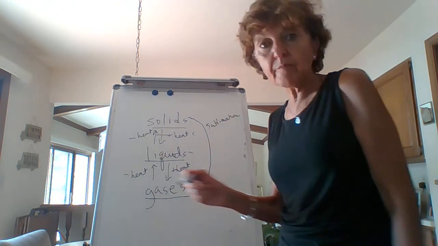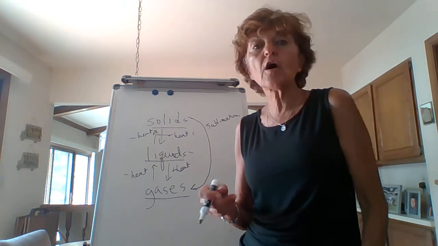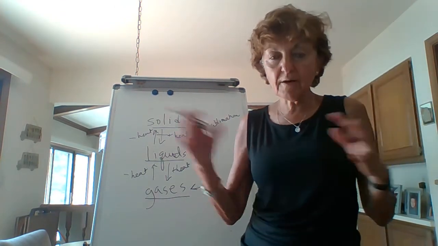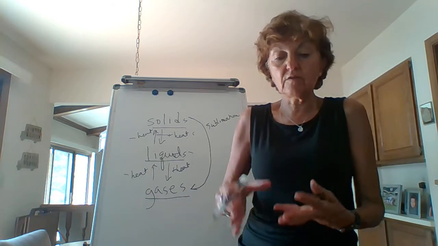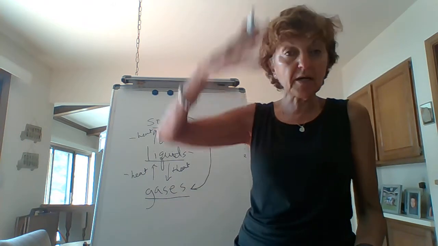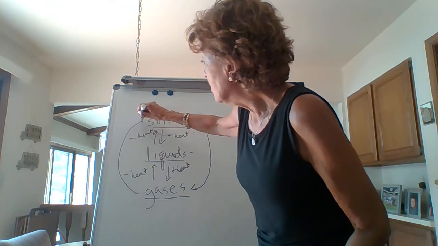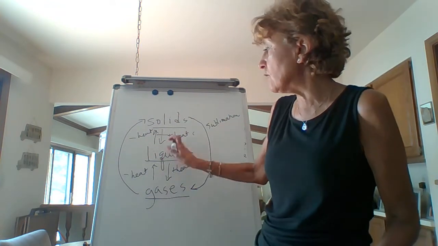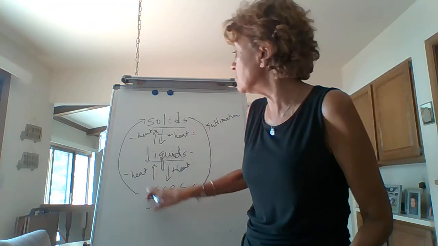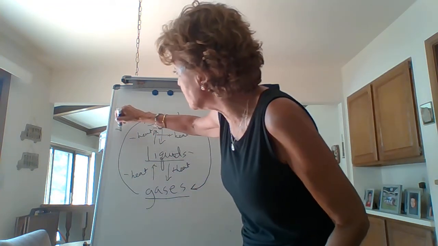If you have mothballs, they're a solid, and if you give them enough heat, they don't melt. They just sublimate and become a gas directly. And then a gas can become a solid without becoming a liquid, going directly from a gas to a solid. That is called deposition.